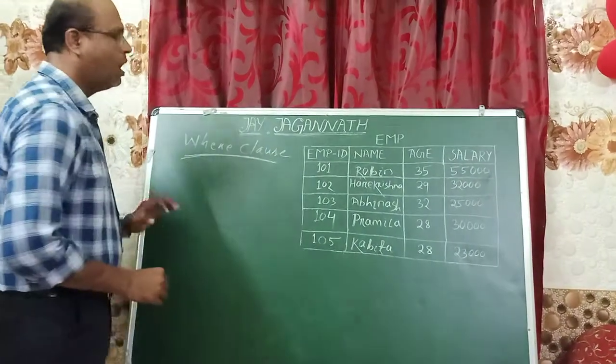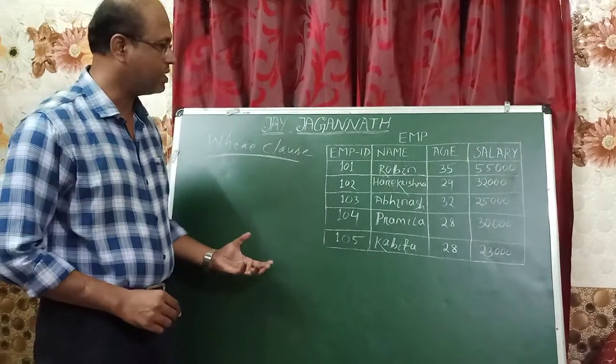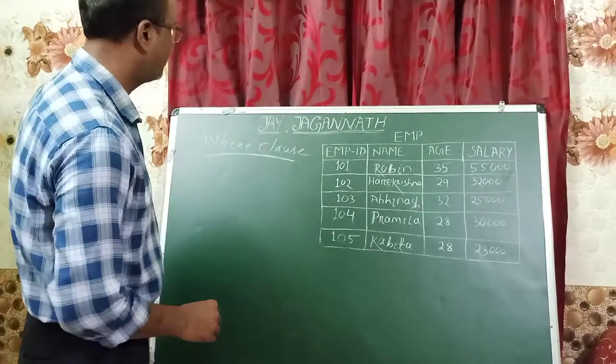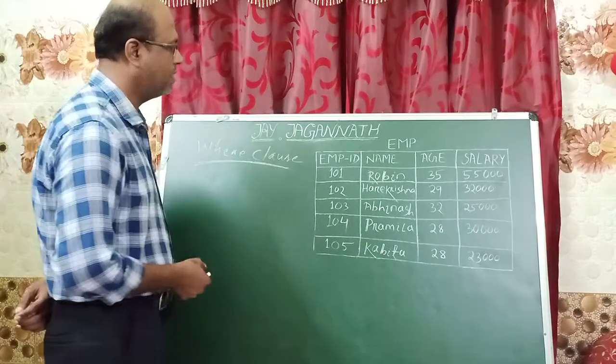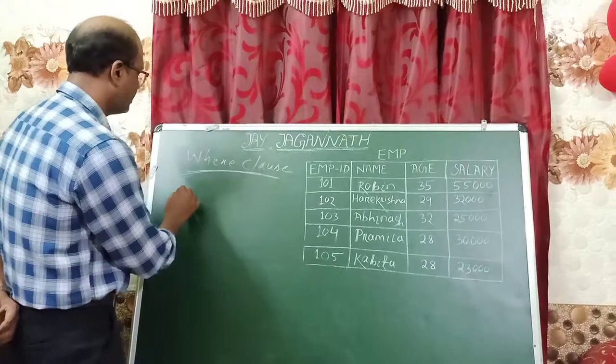Why we use the where clause, how we can use it, and what type of benefit we can get using it. The where clause is used to implement a condition at the time of retrieving data from the database.